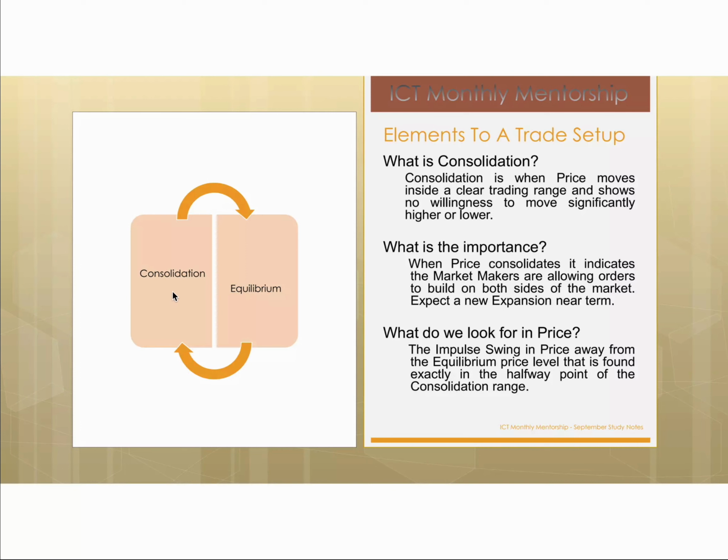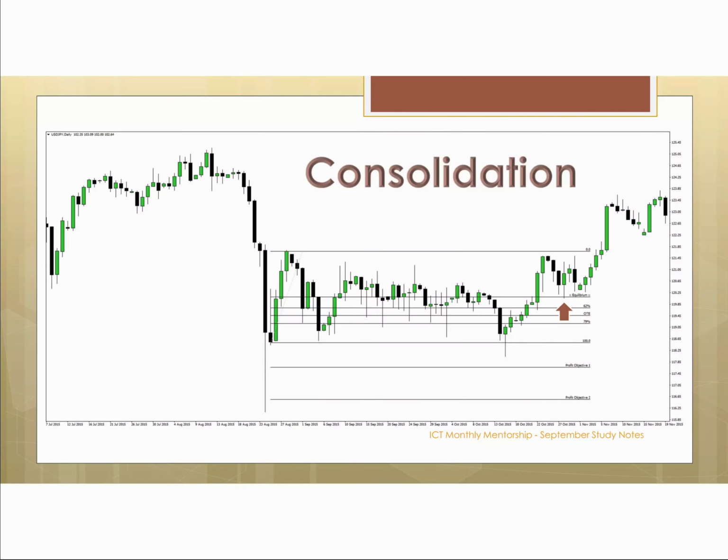Now, what is consolidation? This is when there is no willingness to move. It's where we're just moving up and down, up and down. It just seems to be no direction. Sometimes this can be hard to trade. Sometimes it's best to leave it be, unless we see something within that, like a brief move within the equilibrium that may hint at a further sign.